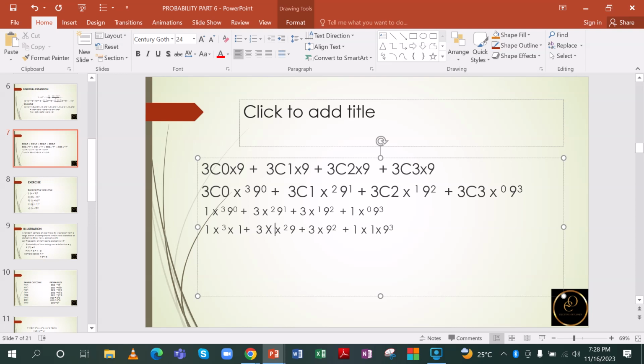When we resolve this, what are we going to have? This one will simply be 1 times x to the power 3 times 1. It will be x to the power 3.